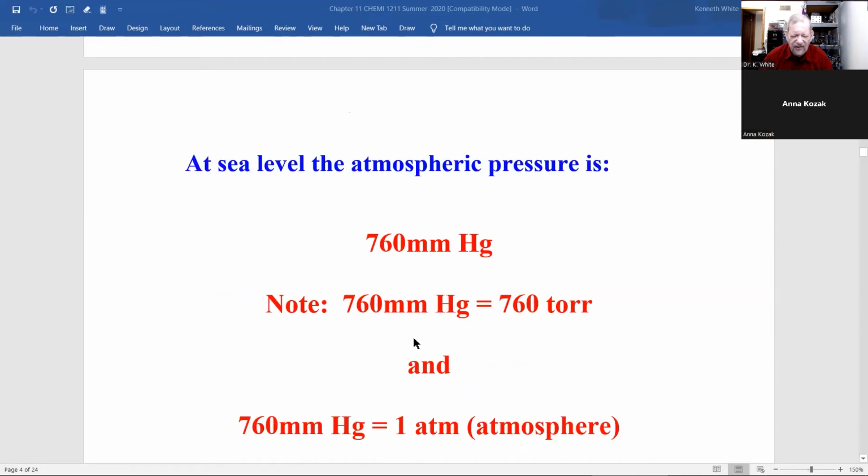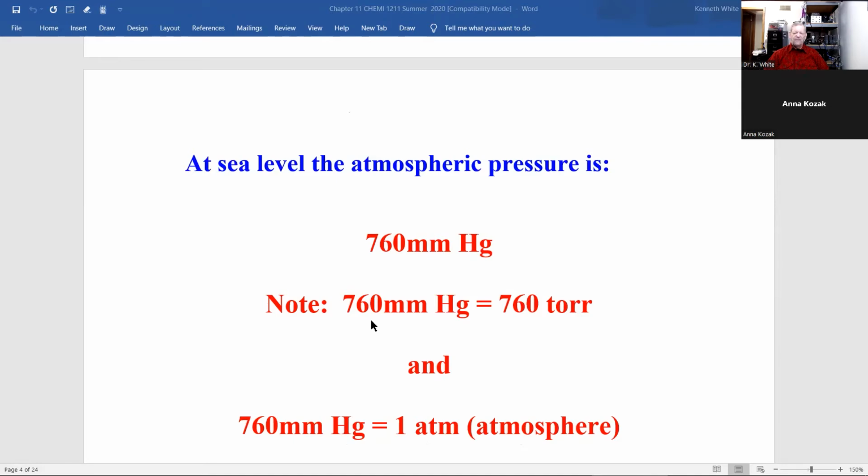Now, there's another important concept. At sea level, in Chicago, when there's no storm going through, by definition the atmospheric pressure is 760 millimeters of mercury. This is an exact number.